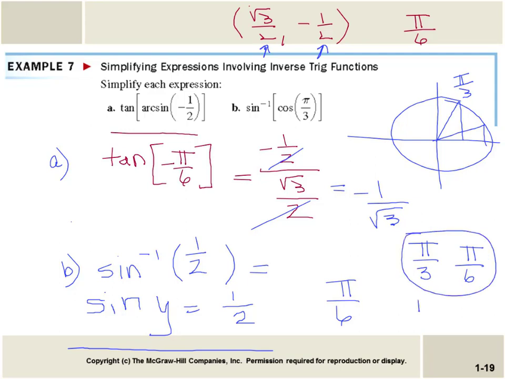If you have 1/3 and 1/6, which number is bigger? Pi over 3, so 1/3. 1/3. What's bigger, 1/10 or 1/100? 1/10. Right. The bigger the denominator, the smaller the number.